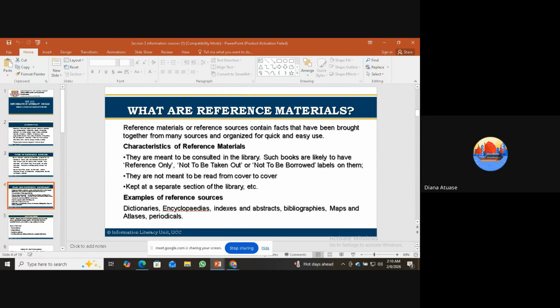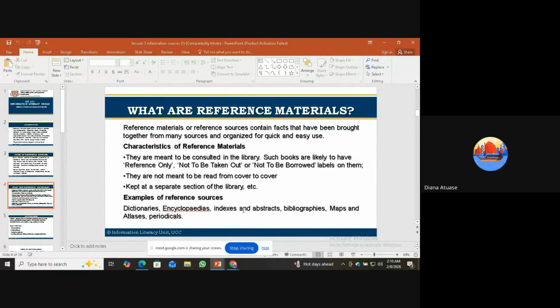They are on your laptop, and some are even on our phones. So they can be in print and they can be in electronic format. You open to a particular page, then you get the information that you need.